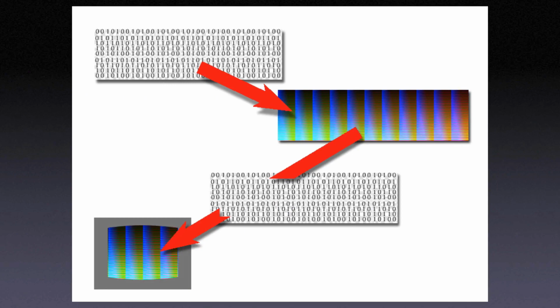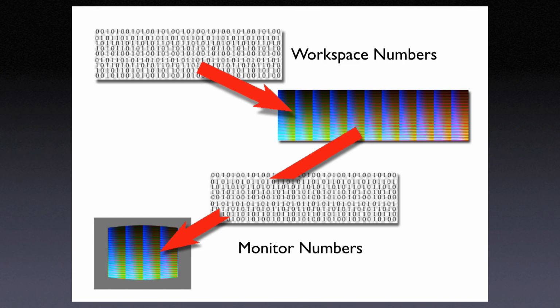A typical scenario is how colors get represented on a monitor. You have your device-independent workspace numbers run through a LUT, a lookup table, to return the LAB number. And then the monitor profile runs that LAB number through its LUT to return the monitor-specific number to represent the closest color.